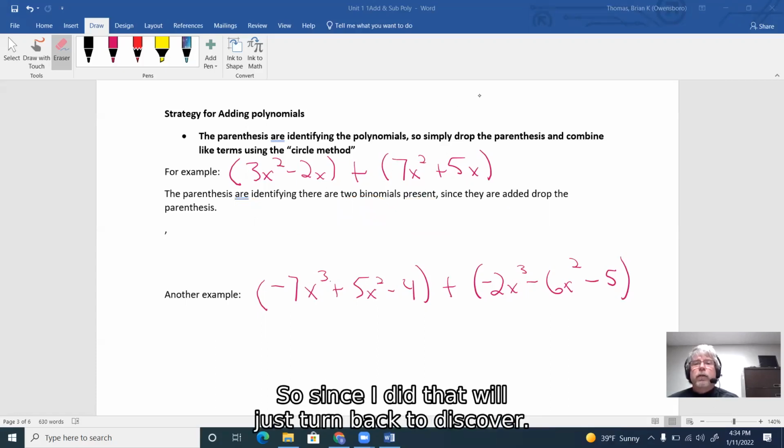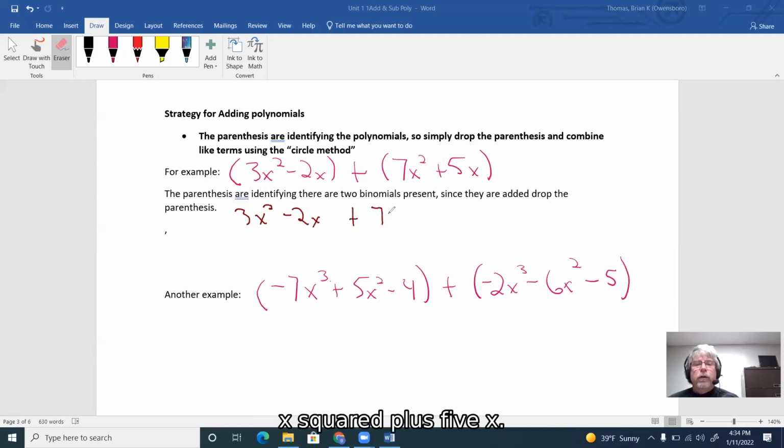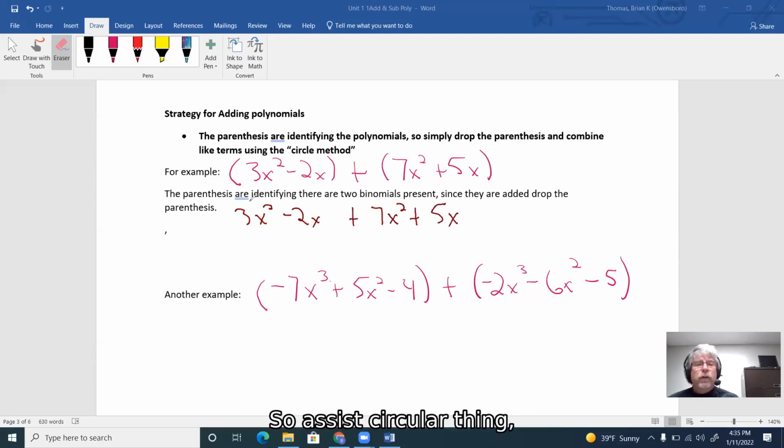So we'll just turn back to this color. So 3x squared minus 2x plus then the 7x squared plus this 5x. When there's a lot of terms, it's a good idea to slow play the circle method. So instead of circling everything, I'm just going to circle the 3x squared to start with.